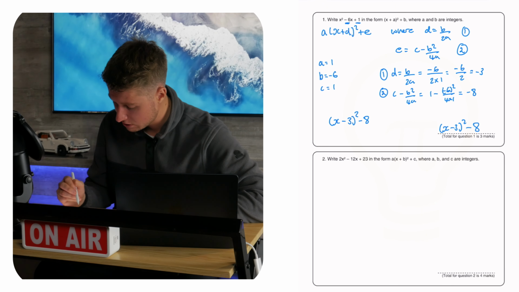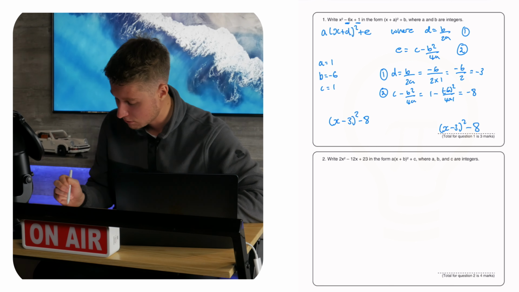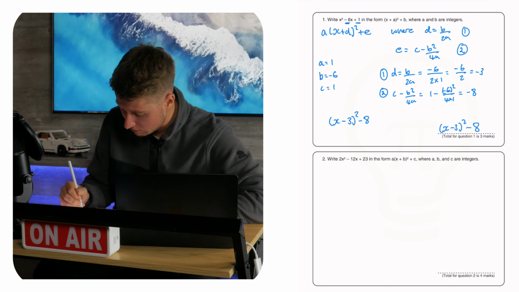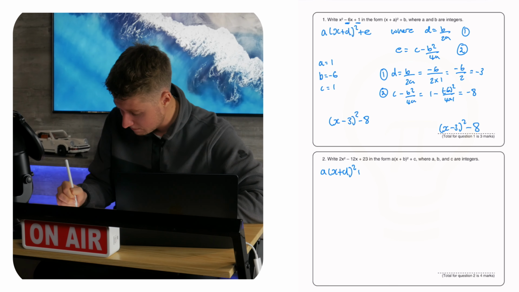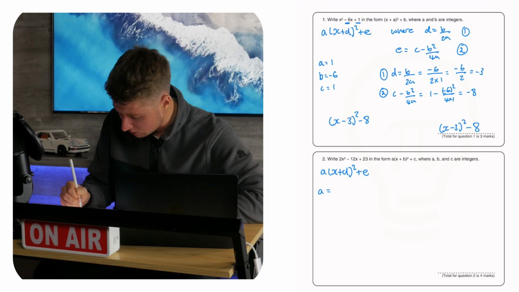Question 2 says write 2x squared minus 12x plus 23 in the form of a brackets x plus b all squared plus c, where a, b and c are integers. So again, we're going to write it in the form a brackets x plus d all squared plus e. A in this case is equal to 2, b is equal to minus 12, and c is equal to 23.